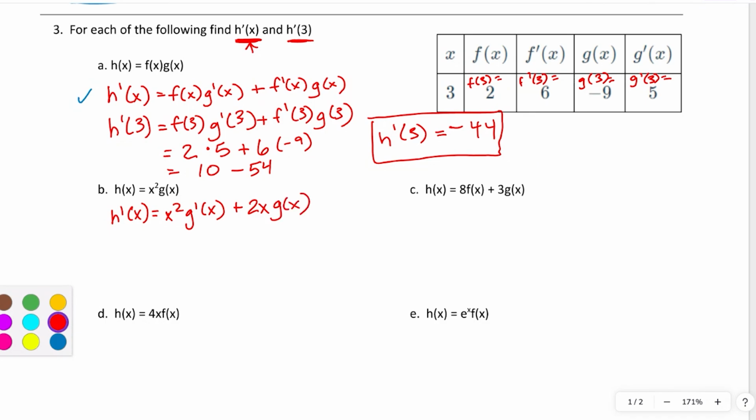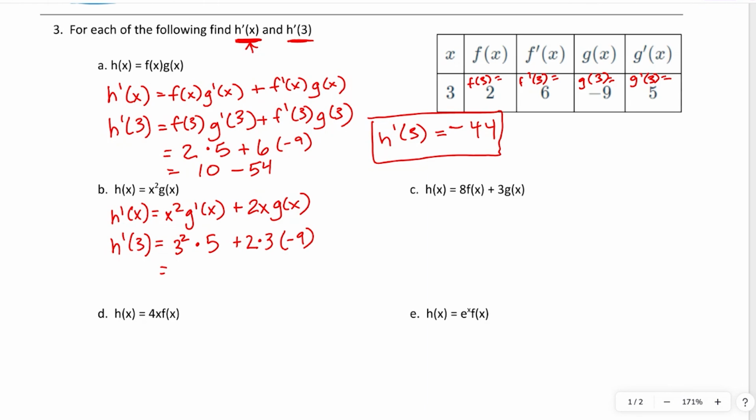All right, so that's the first part here. And then we want to find the slope at 3. So we've got 3 squared times 5 plus 2 times 3 times g of 3, which is negative 9.